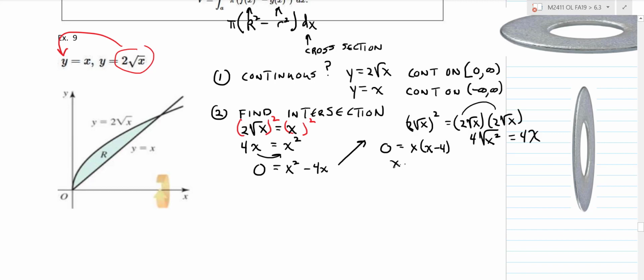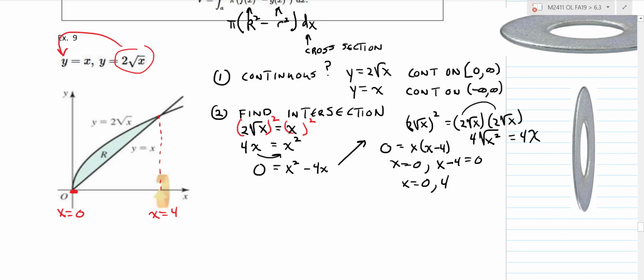So that gives x equals 0 and x minus 4 equals 0. So you basically get x equals 0 and 4. What you can tell on the graph here is this point right here, you have x equals 0, and then this point right here, you're going to have x equals 4. So that's going to help us set up our integral then.